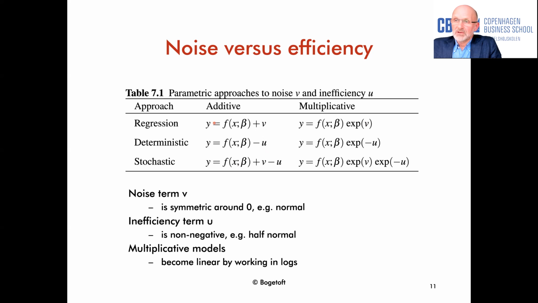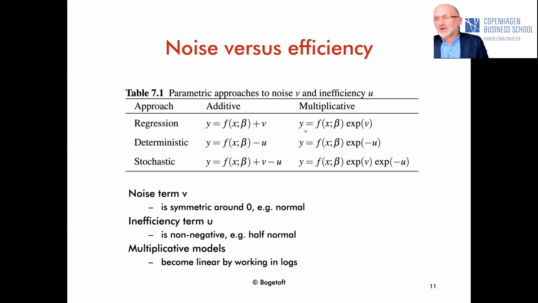It's quite common, though, when you work with these parametric models, that you actually work in logs. So instead, you take the log of y as the log of these inputs. And if you take the log of the exponential of v, then it just becomes plus v in the log specification. That is quite common to use. It has some advantages.